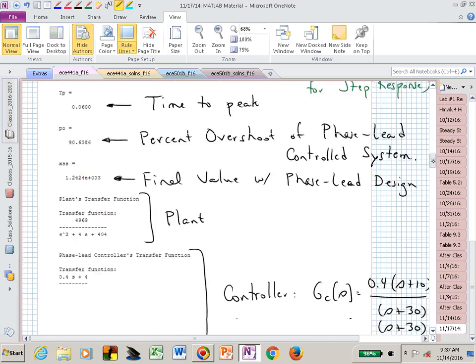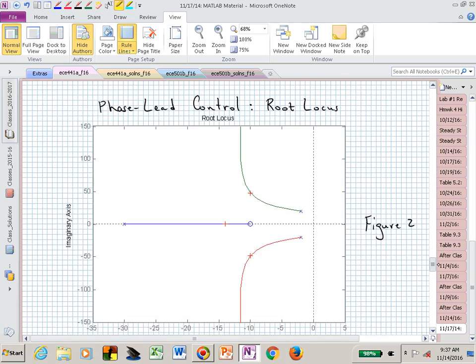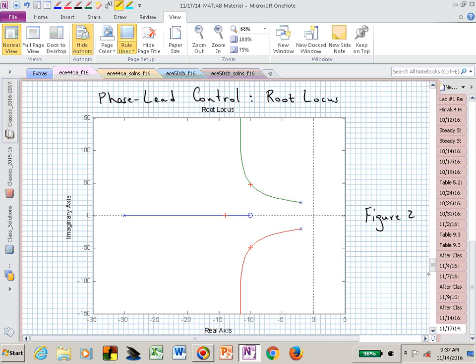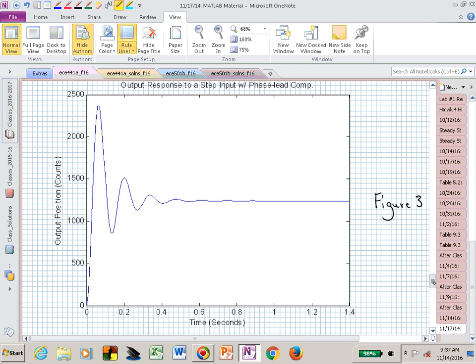If we cut to the chase and just slide down to picture 2, there's the root locus, and where that cross is where I tried to find the spot that I was after, and I think I wanted to be to the left of -8, and it looks like I was. And that's now my response.